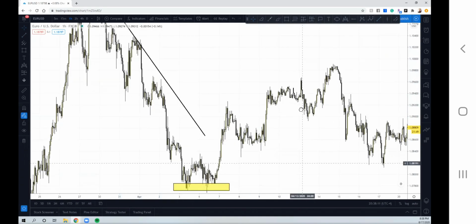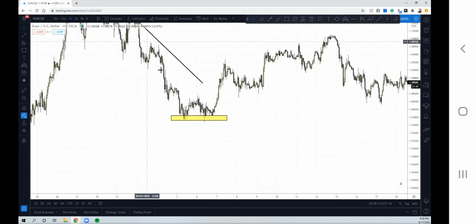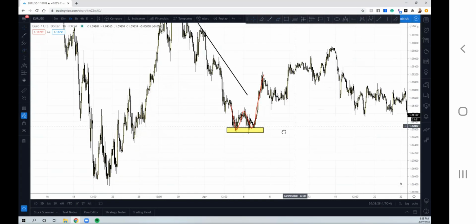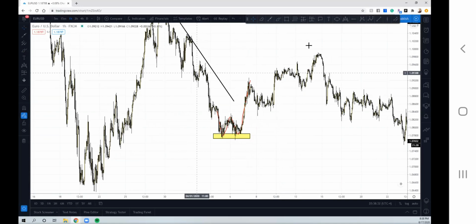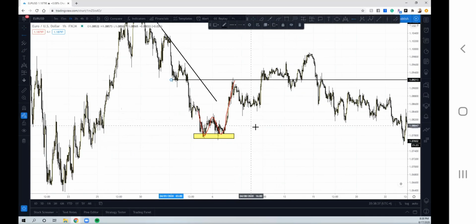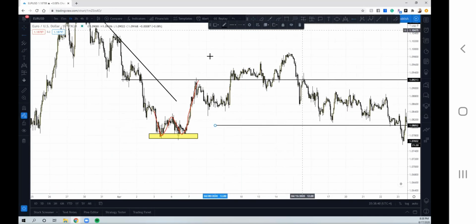Then at the bottom of this downtrend, this came down here, came up, came down again to this support, and then came right up here. We would have taken the buy trade at this level, at this leg, and would have made profit right here, at the bottom of this resistance.